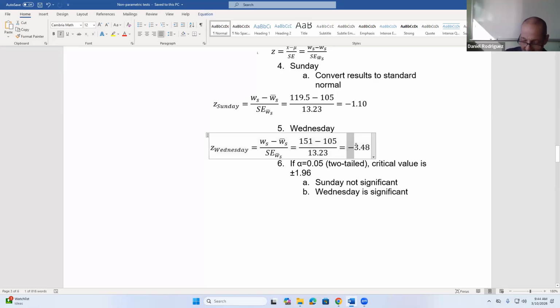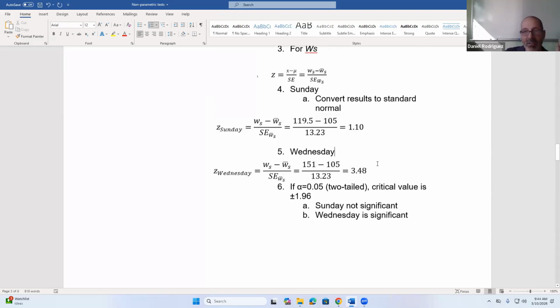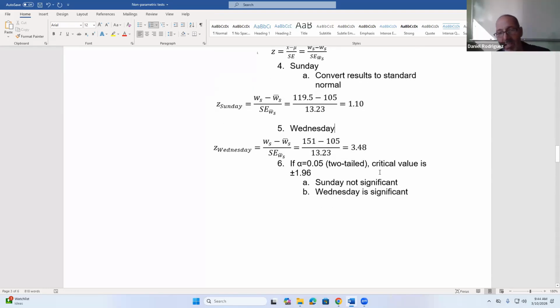I don't know why I have negative there. I know why. When I first wrote this, I didn't use 119, I used the other value. So these are positive values. In this case, 3.48 is greater than 1.96, so we do have a significant value.